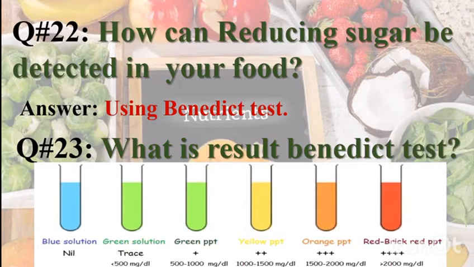If a trace of reducing sugar is present, then the solution is green. If the concentration is 500 to 1000 milligram, then green precipitate is formed. If 1000 to 1500, then yellow. And if 1500 to 2000, then orange. And if the concentration of reducing sugar is above 2000 milligram, then red brick precipitate will be formed.